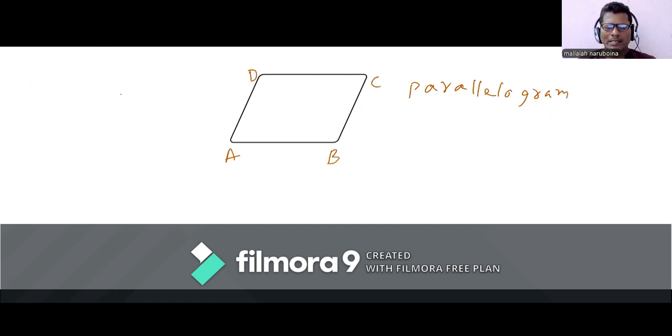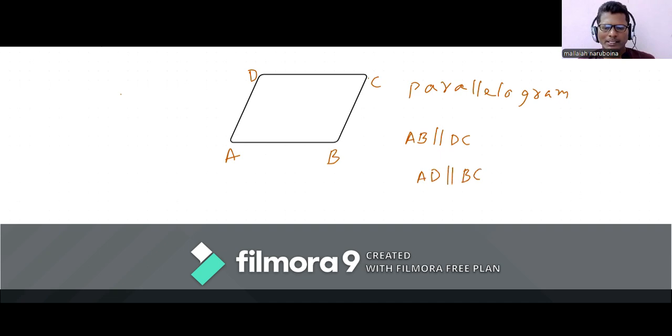AB and DC are parallel to each other. Similarly, AD and BC are parallel. Side AD is parallel to side BC, and side AB is parallel to side CD.